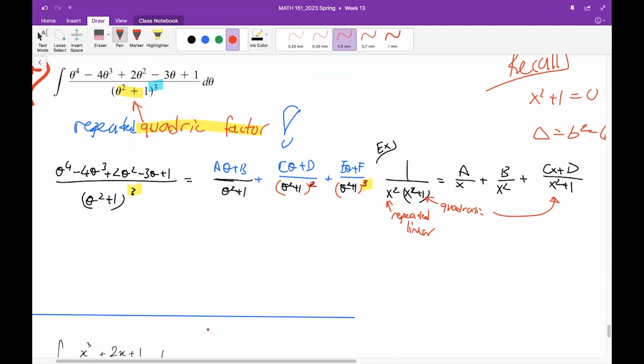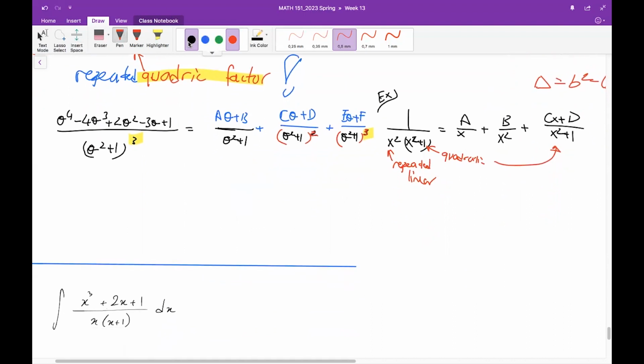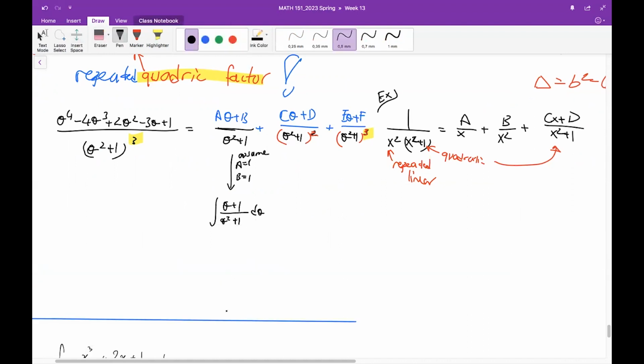After finding those unknown coefficients, integrations will be simple. For example, for this part, let's just assume that we find A as 1 and B as 1. Then what we have? Theta plus 1 over theta squared plus 1 d theta. Can we really integrate this?